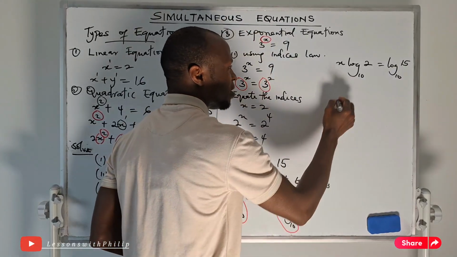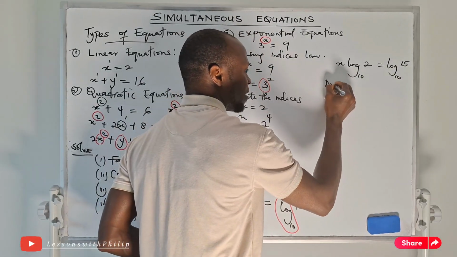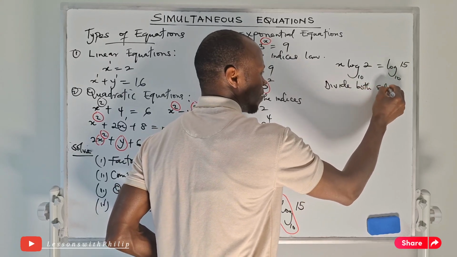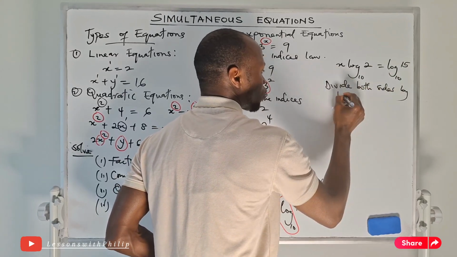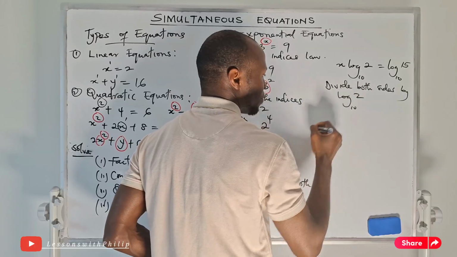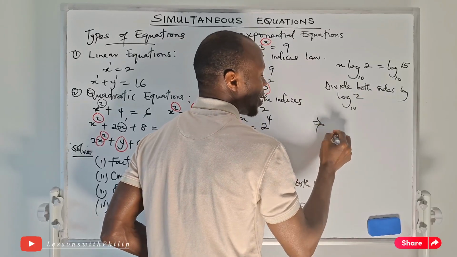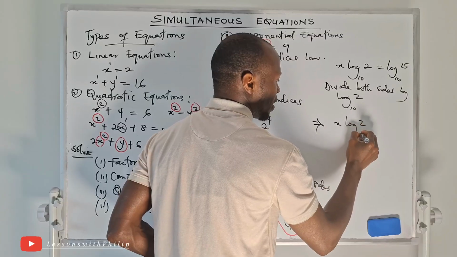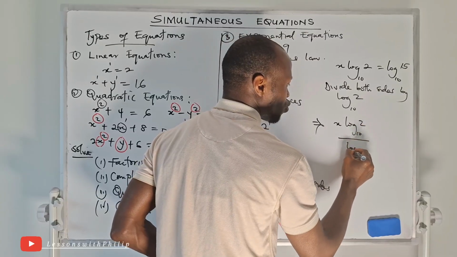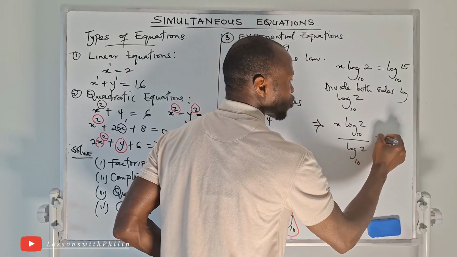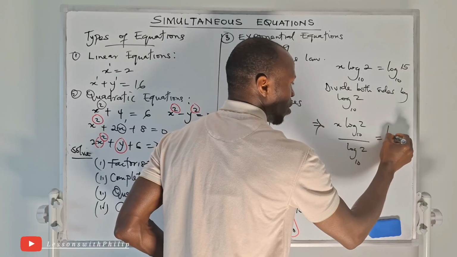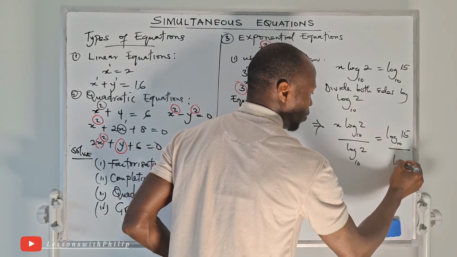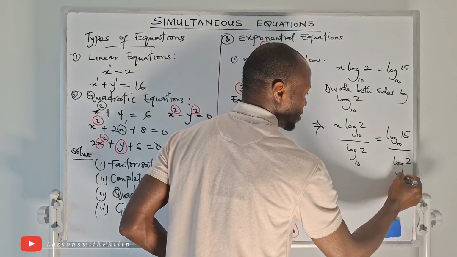Okay? Now, you divide both sides by log 2 base 10. So that means we have x log 2 base 10 divided by log 2 base 10 equals log 15 base 10 divided by log 2 base 10.